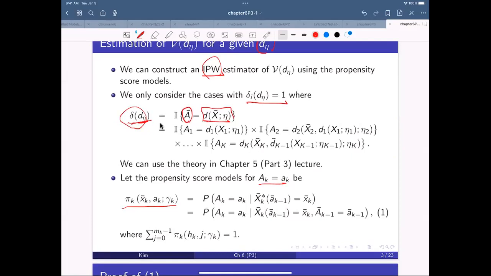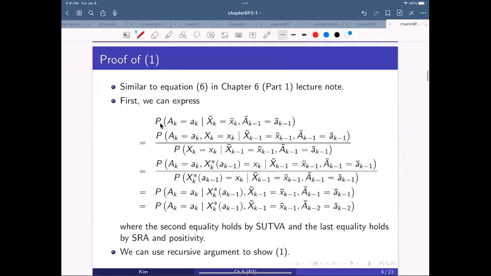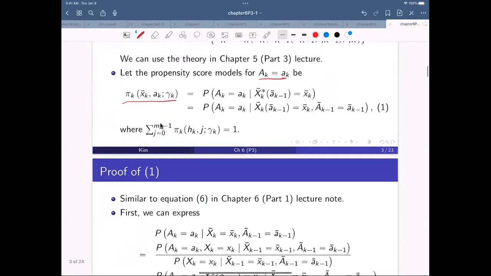This is a kind of identification result, right? We have seen that several times before, but let's do it again. What matters is how we express it, so we want to show this equivalence.